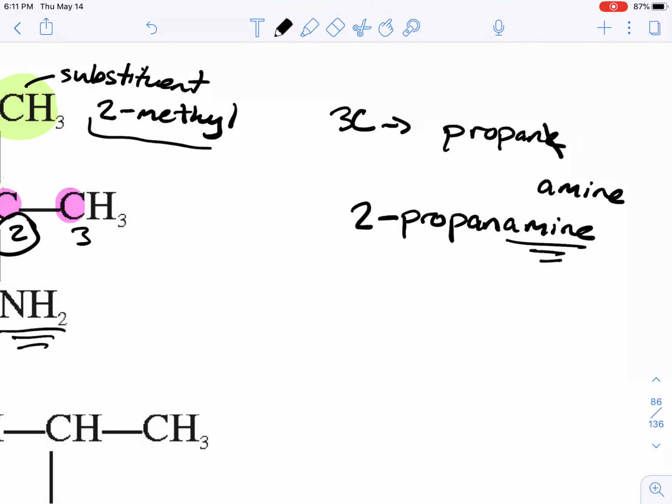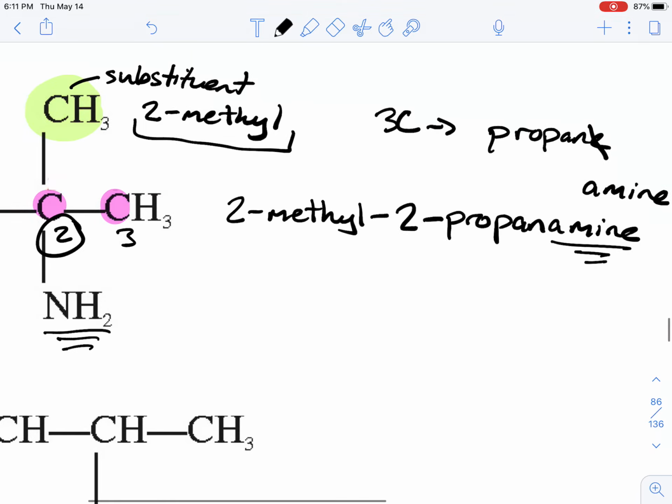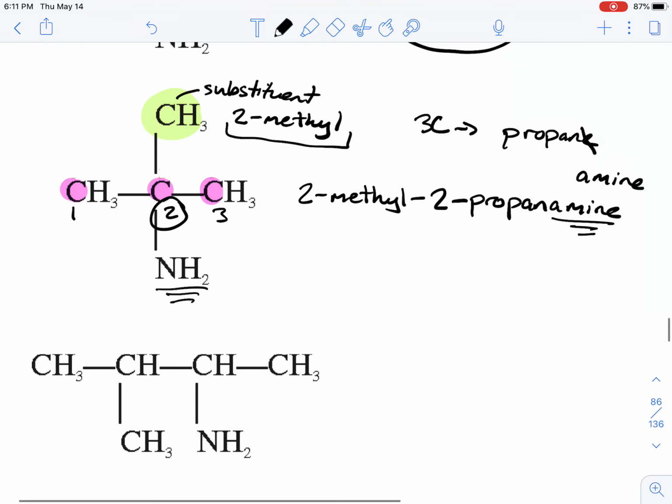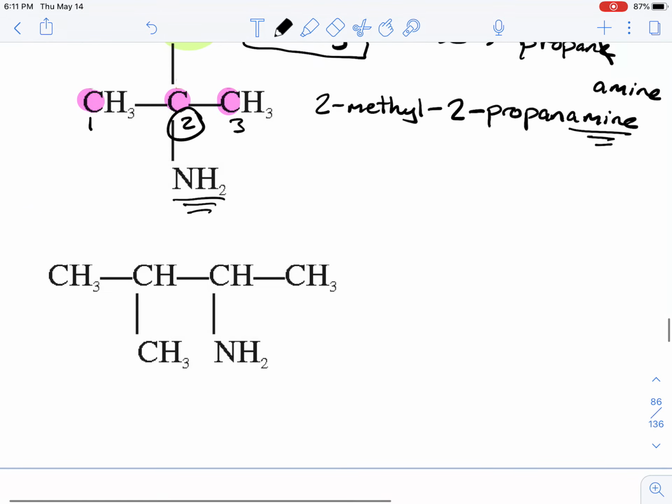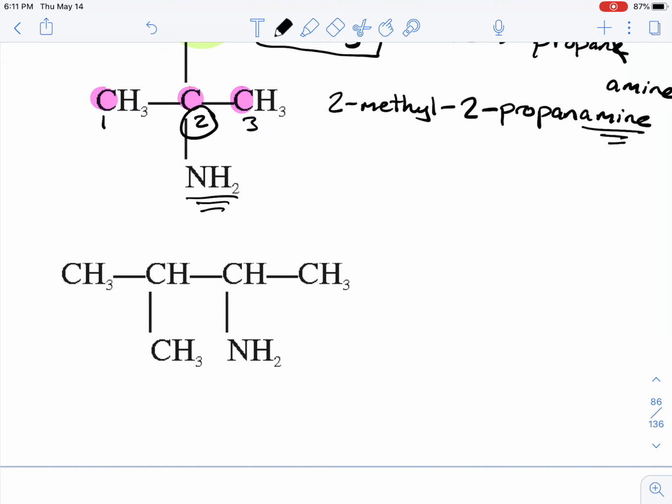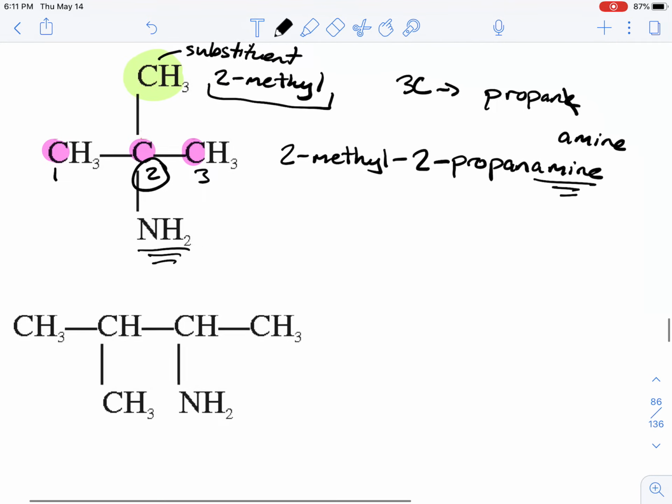And if you guys recall, our substituents always come before the name of the parent chain. And so here we have 2-methyl-2-propanamine. Okay, and that would be the final name of that compound.